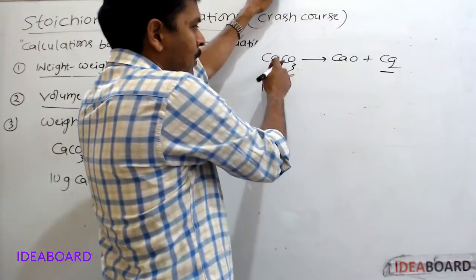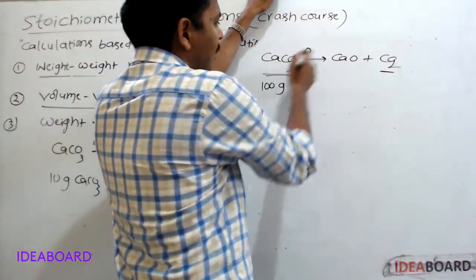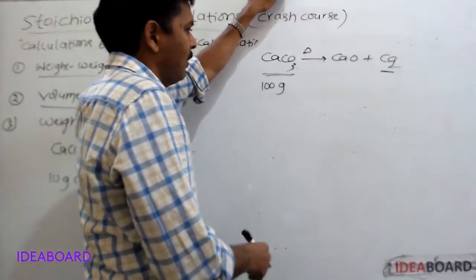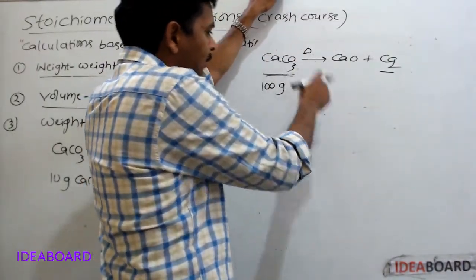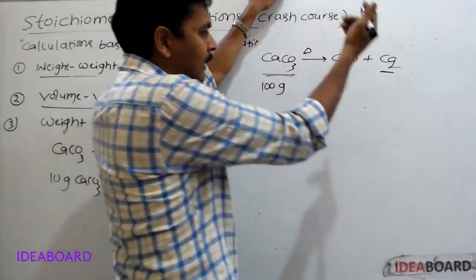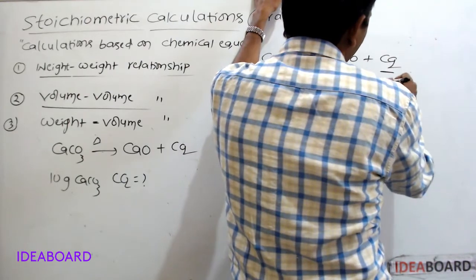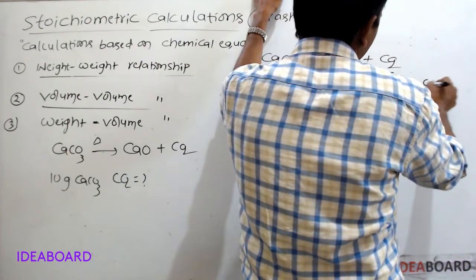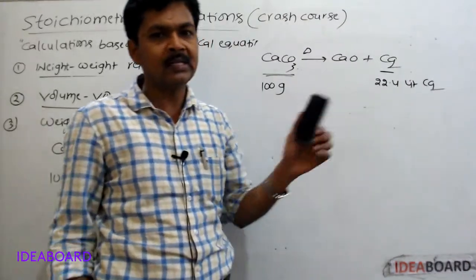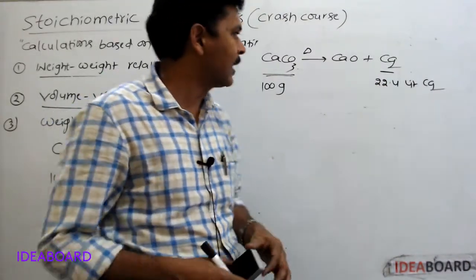From this equation, 1 mole calcium carbonate on heating liberates 22.4 liters of CO2. 1 mole of calcium carbonate means with respect to weight 100 grams. 100 grams calcium carbonate on heating liberates 22.4 liters of carbon dioxide.